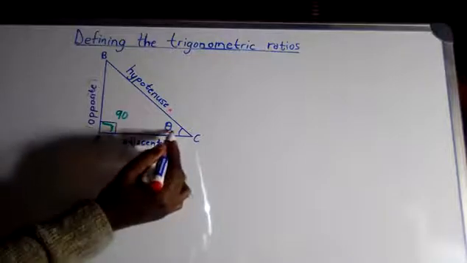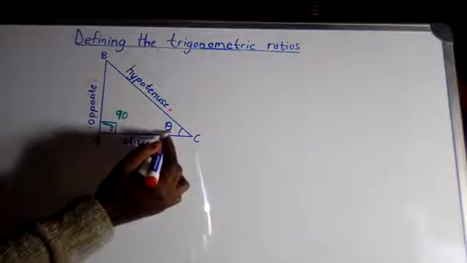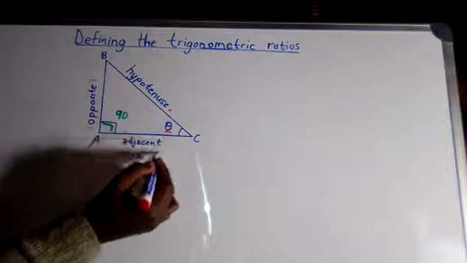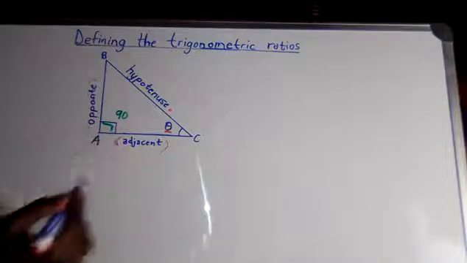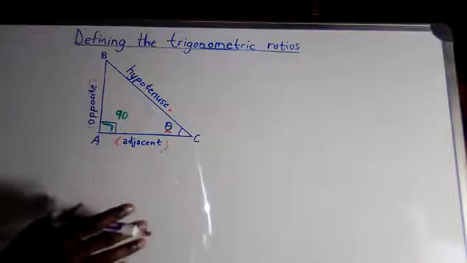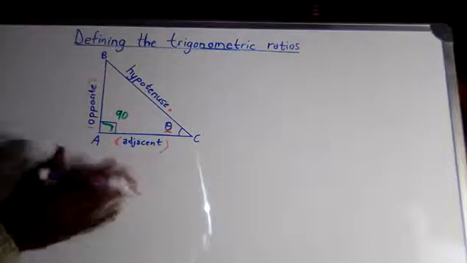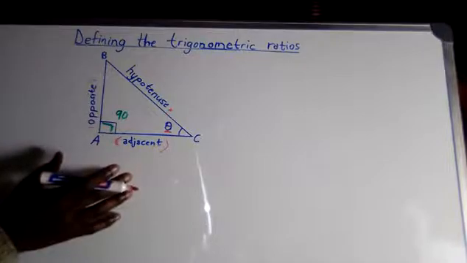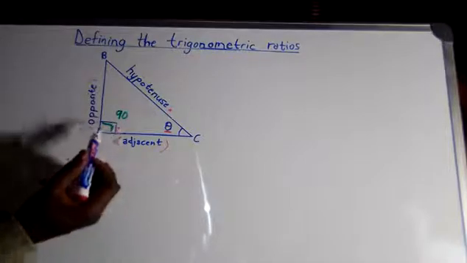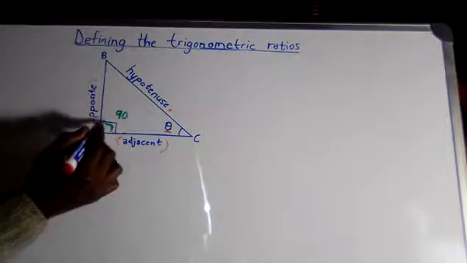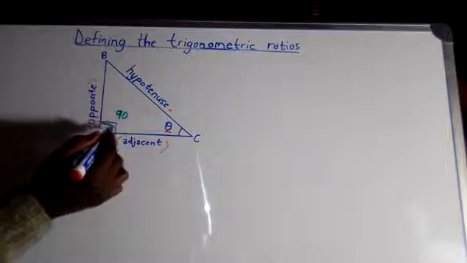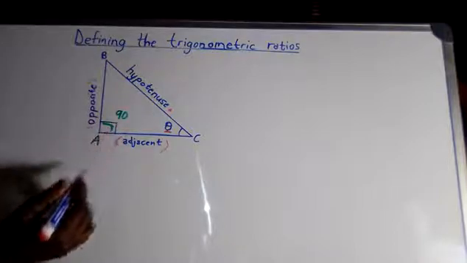And the side below the angle that you are working with is called adjacent. So when defining trigonometric ratios, we're going to need these three sides, and your triangle is supposed to be a right-angled triangle with 90 degrees.